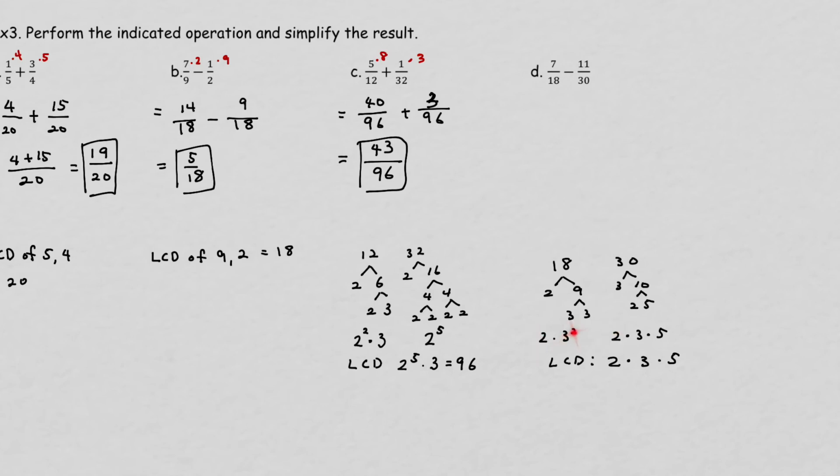What about 3? 3 squared, 3. Squared is the larger exponent, so that's the one I'm going to use. Having a 5, no 5, you will use the one having a 5 because that's bigger, right? So basically you're multiplying 2 times 9 times 5. So that will be 90. So least common denominator will be 90.